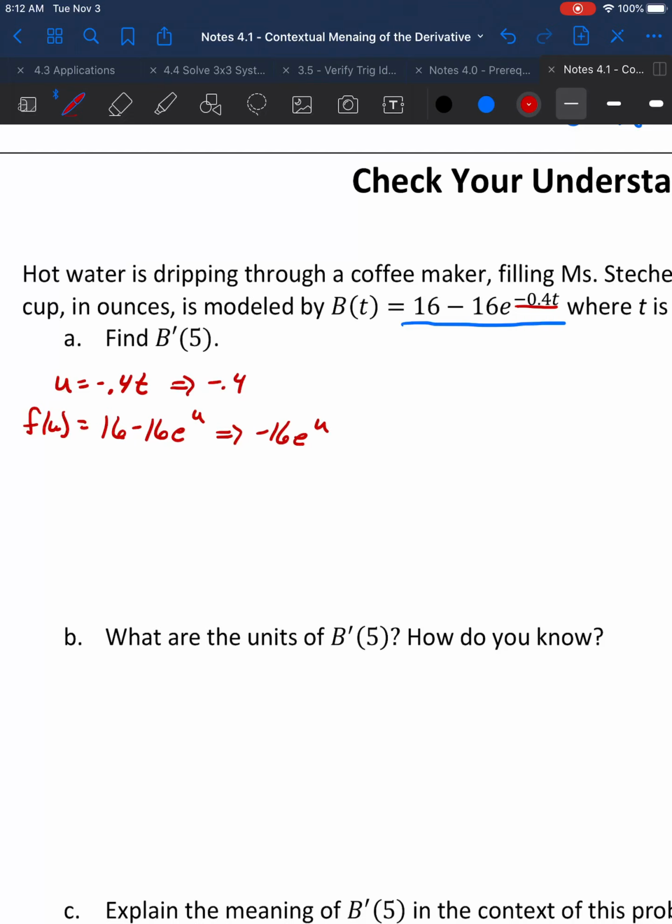And like what we've been doing on Unit 3 tests, we're going to multiply those things back together. So I'm going to have negative 0.4 times negative 16e to the u, but u was negative 0.4t. So there is my b prime at t, but I want to know what it is at 5. So that means I'm going to take my equation and I'm going to plug in 5 for t.